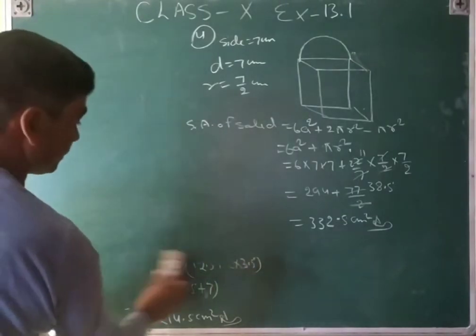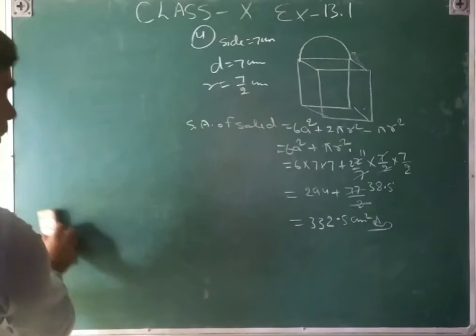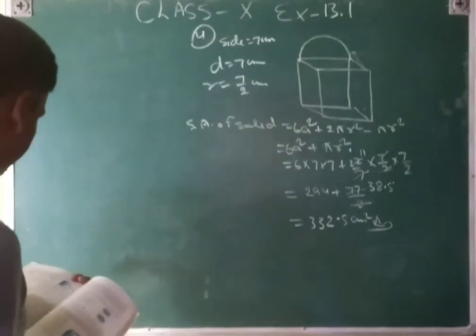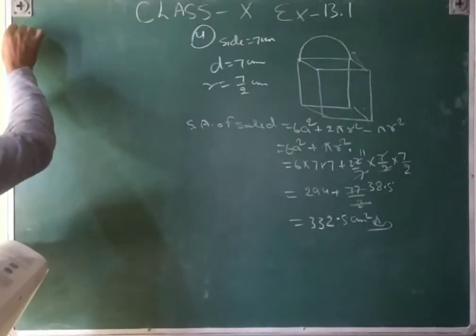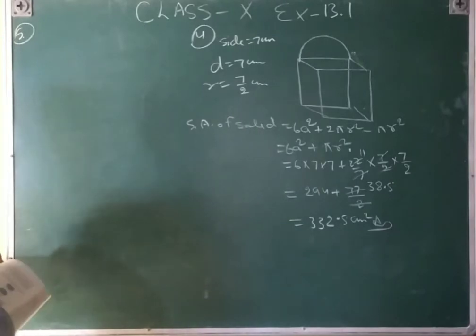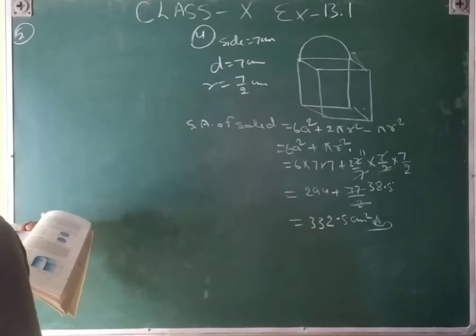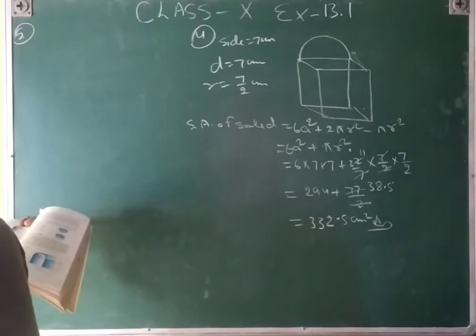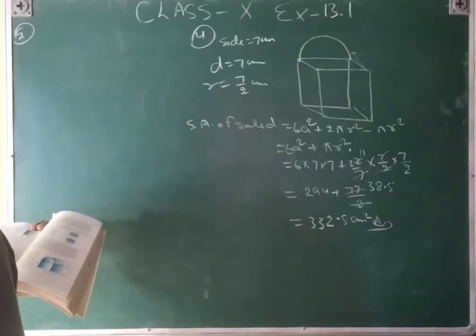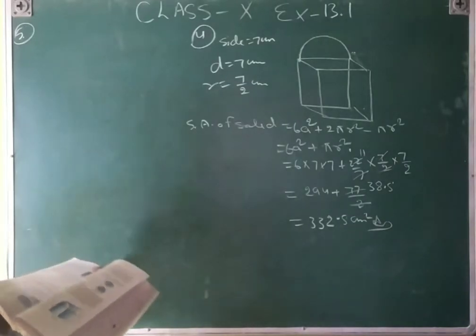Question number 5 is the same question. A hemispherical depression is cut out from one face of the cubical wooden block such that the diameter of the hemisphere is equal to the length of the edge of the cube.